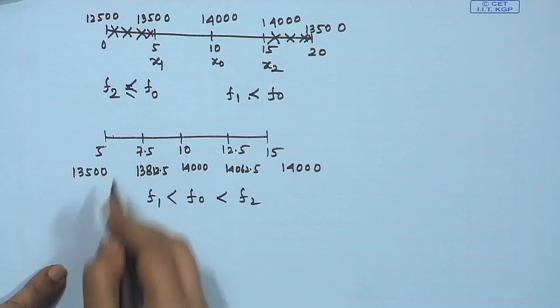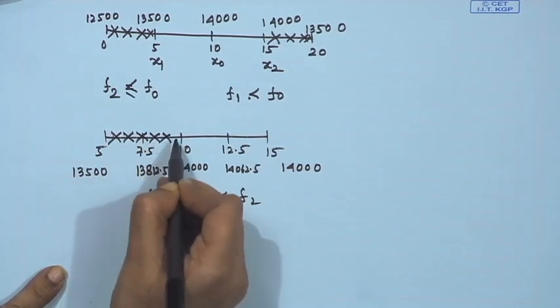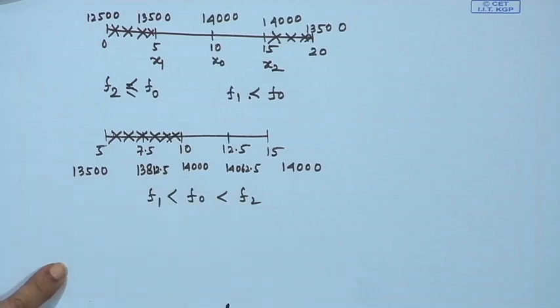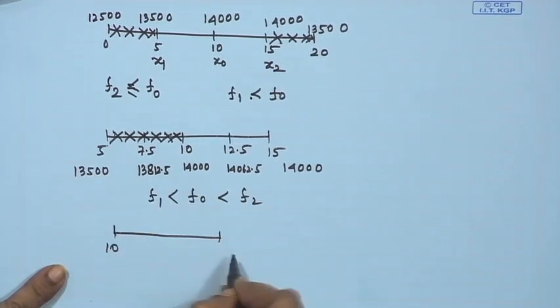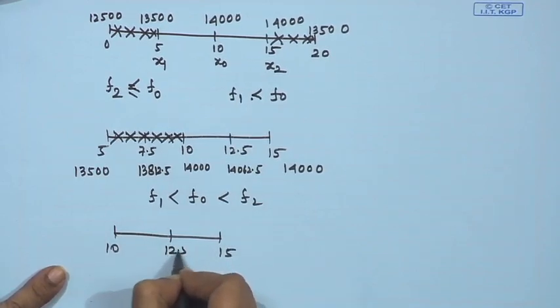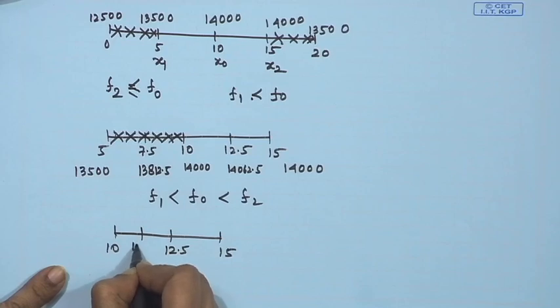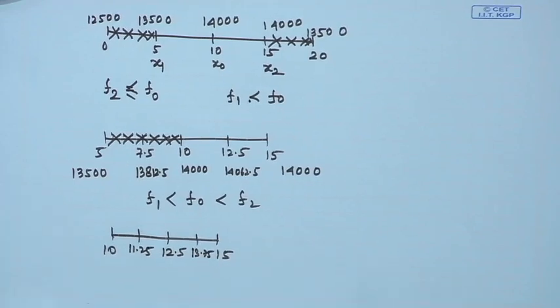That is why my new region of uncertainty would be from 10 to 15, I will discard the rest. In this way I will proceed further. From 10 to 15 I will consider 12.5, 11.25, and 13.75, and we will find out the functional values.